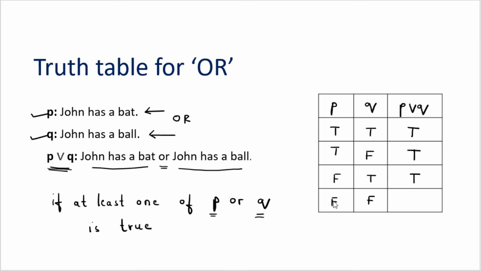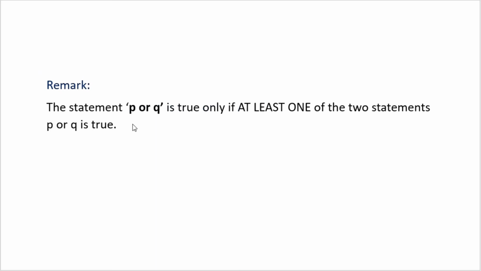In the last one, P is false and Q is false, so both of them are false, and as we have said before, if both are false then the statement P or Q will be false. So again, to recap, the statement P or Q is true if and only if at least one of the two statements P or Q is true.